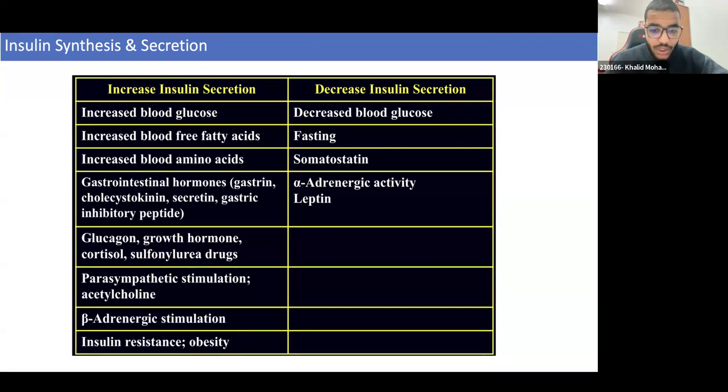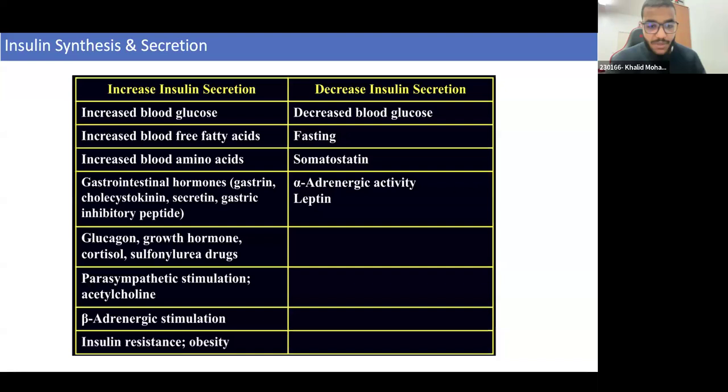Even glucagon stimulates insulin to some extent. That's okay, that's in order to not cause hypoglycemia or hyperglycemia. When a lot of glucagon is secreted, that will cause hyperglycemia, right? So you need some glucagon to stimulate some insulin in order to prevent hyperglycemia from happening.